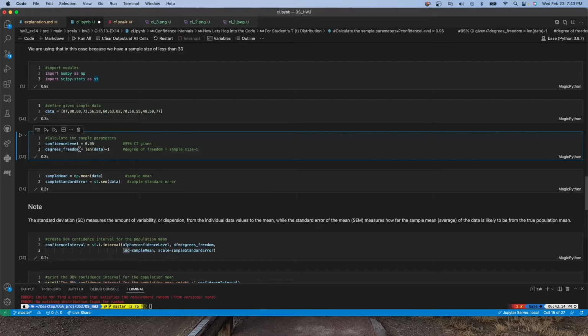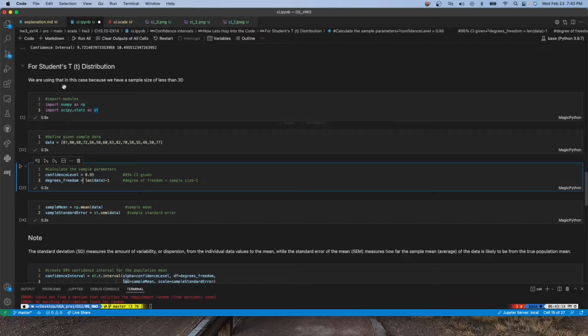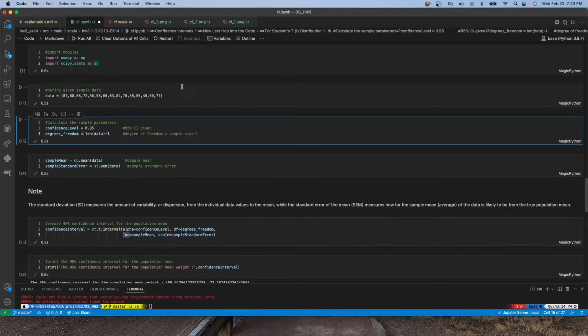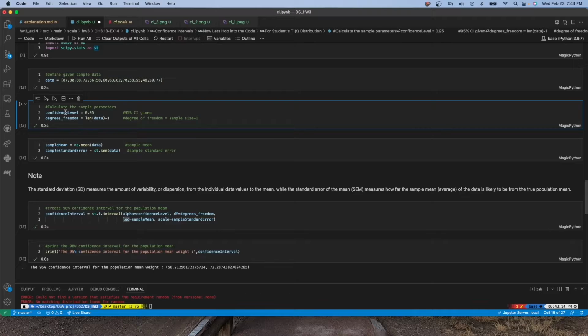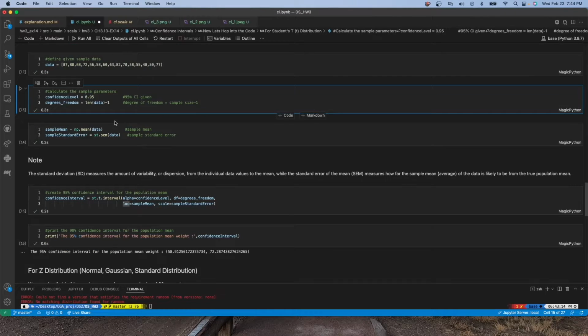Anyway, we're going to need the degrees of freedom, and that's because we're actually using the t distribution, which we'll talk about a little bit later in homework 3. Essentially, the t-distribution is what we use when we have a very small sample size of less than 30. So we specify the confidence level and the degrees of freedom, which is just the sample size minus 1.